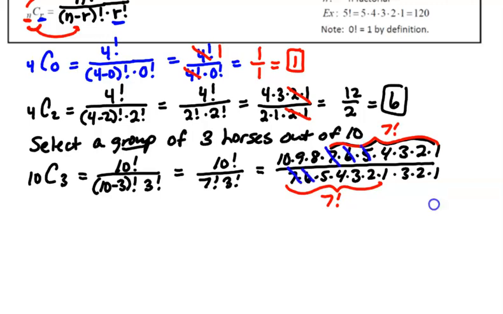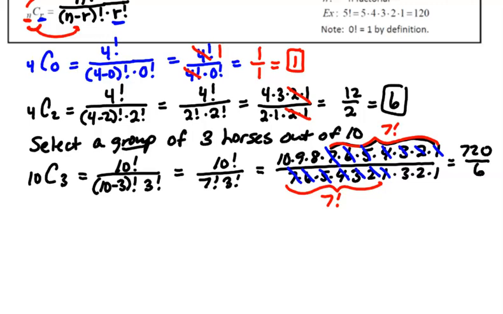Now that leaves me with 10 times 9 times 8 in the numerator and 6 in the denominator. I can just multiply that out and do 720 divided by 6. And actually, I think I will. Let me write it over here, equals 720 divided by 6.